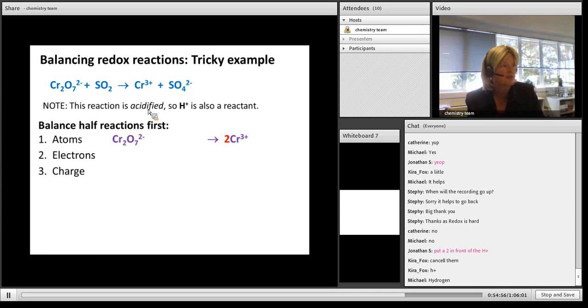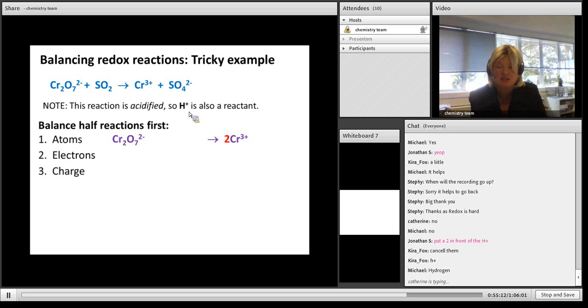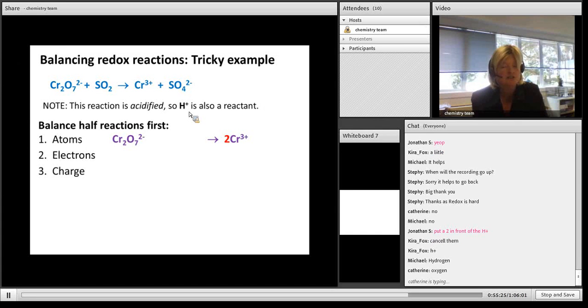So when we balance equations, we can add H+, and this is also happening in solution. So what other substance is present in my solution? It's a very obvious one. In other words, the solvent. With oxygen, you've got to be careful, Catherine, because by oxygen you mean oxygen gas.